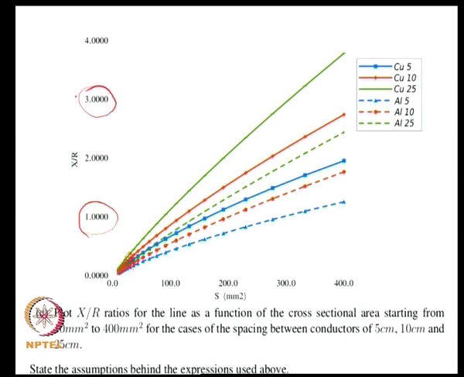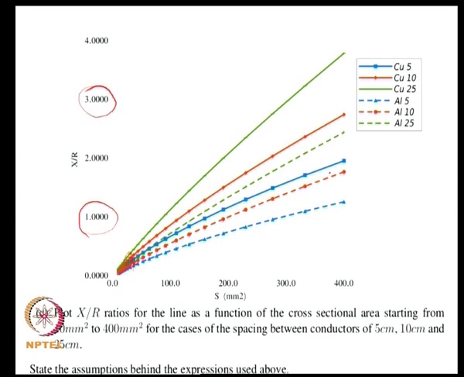Okay. Also, you can see that the copper wire has a higher x by r ratio. The blue curves have higher x by r ratios, which is essentially because copper is a better conductor, so its resistance is small and the x by r ratio would be higher.